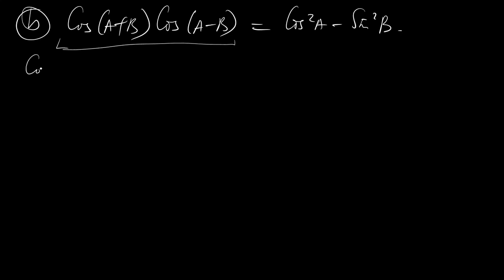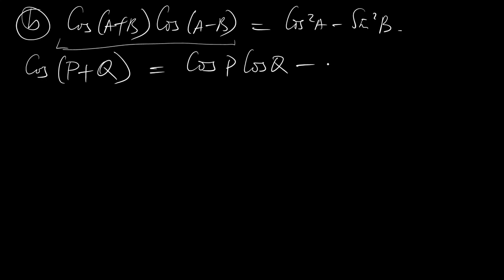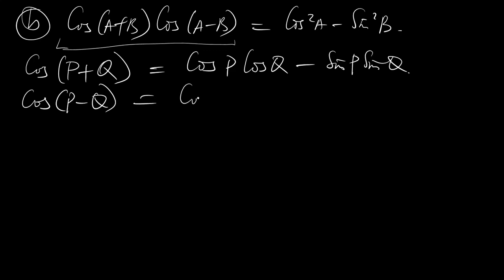I can say cos(p + q) is equal to cos p cos q minus sin p sin q, and also cos(p - q) is equal to cos p cos q plus sin p sin q.